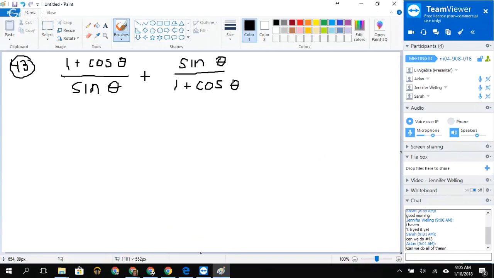And that is supposed to equal 2 times the secant of theta.